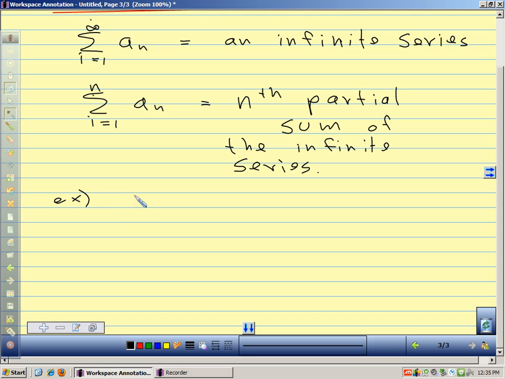So let's say we have the sum from n equals 1 to infinity of 3 times 1/10 to the nth power, and we want the sum.